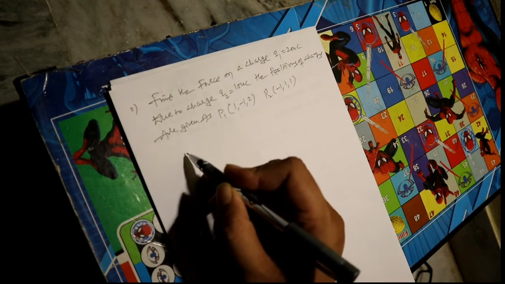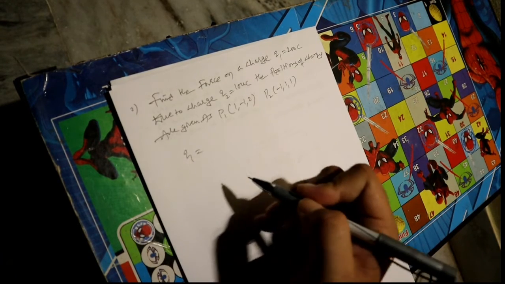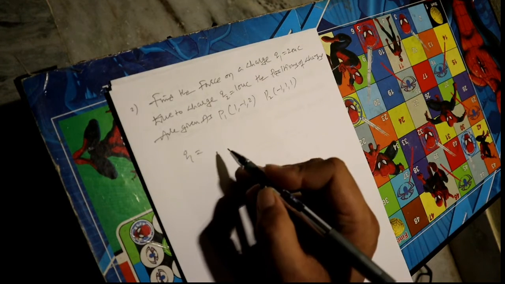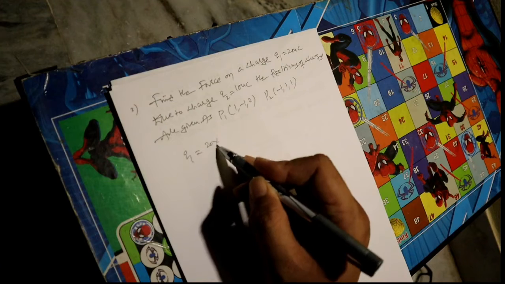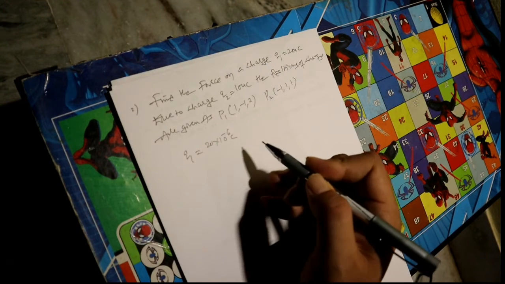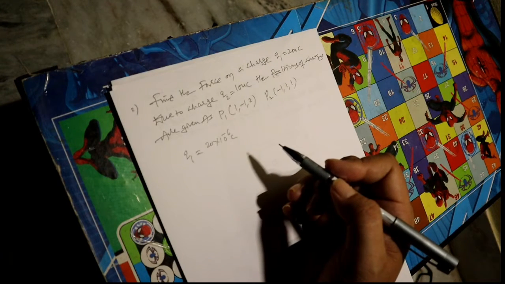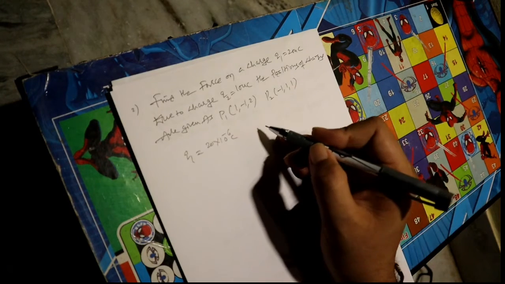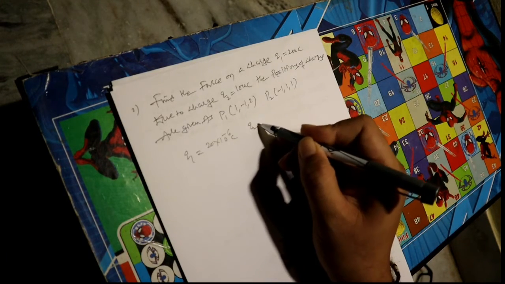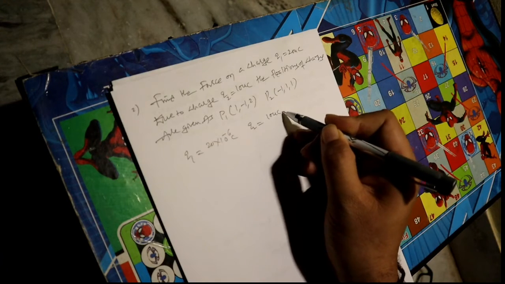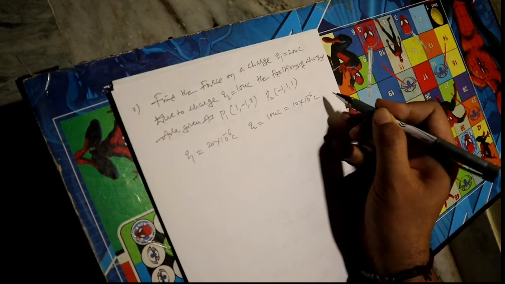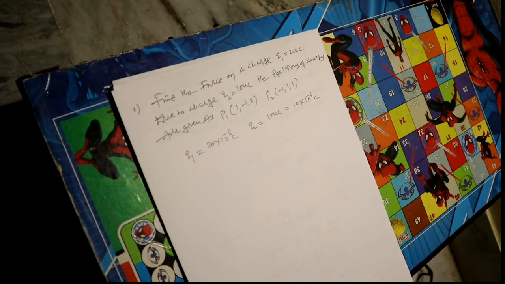That means Q1 is equal to 20 microcoulombs, 20 into 10 to the power of minus 6 coulombs. 1 microcoulomb is equal to 10 to the power of minus 6 coulombs. So Q2 is equal to 10 microcoulombs, that is equal to 10 into 10 to the power of minus 6 coulombs.